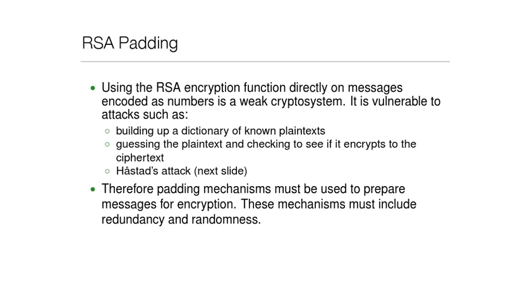So before encrypting a message, we have to do some kind of padding. That's kind of like we are packing a thing before the delivery to the encryption algorithm. So these mechanisms must include redundancy and randomness. So padding is basically to give some randomness to the plain message.